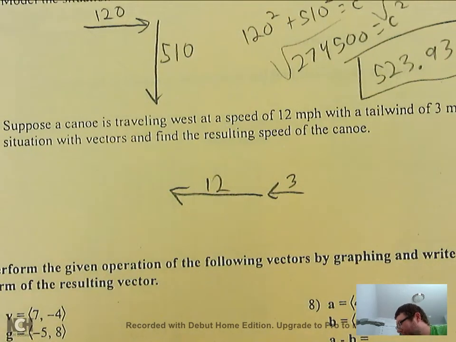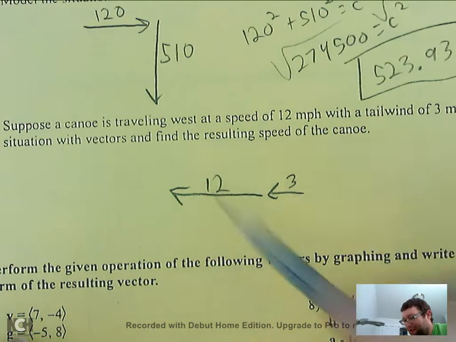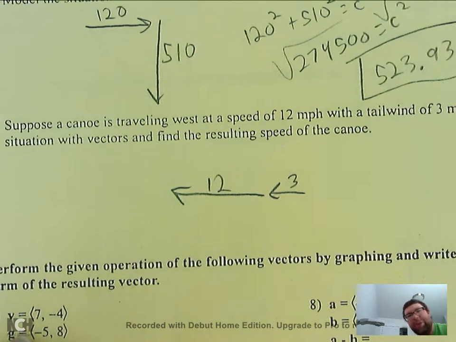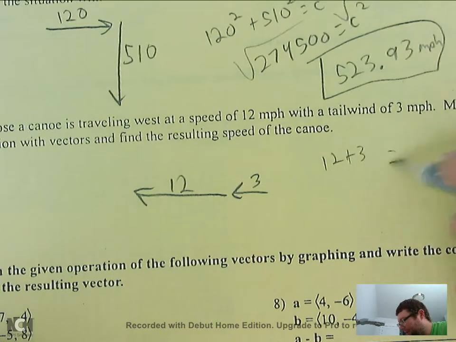The tail current. Going with the current at 3 miles per hour? I don't know. Anyway, who wrote this? Oh, it was me. Okay, well, fail. All right, model the situation with vectors and find the resulting speed. Again, they're going the same direction, right? So you just add them together. 12 plus 3 is 15 miles per hour.